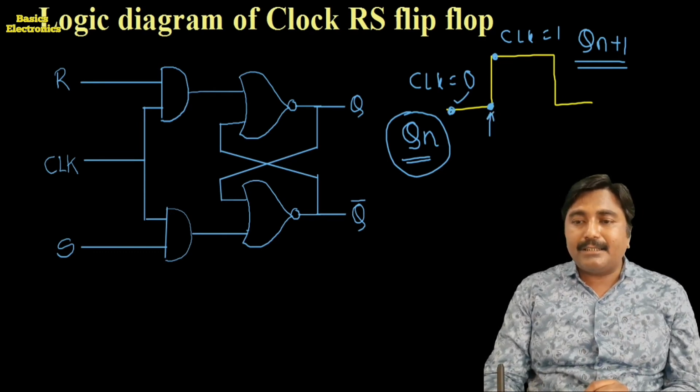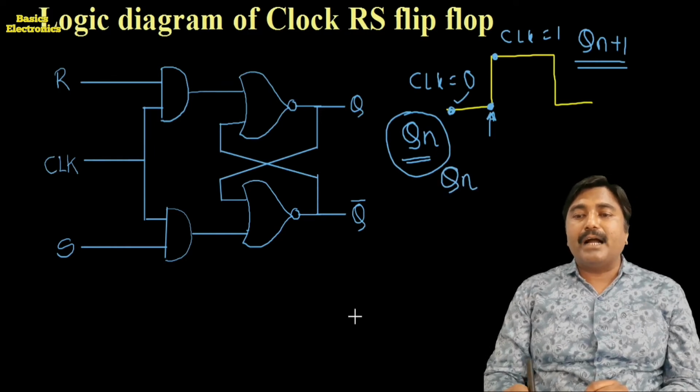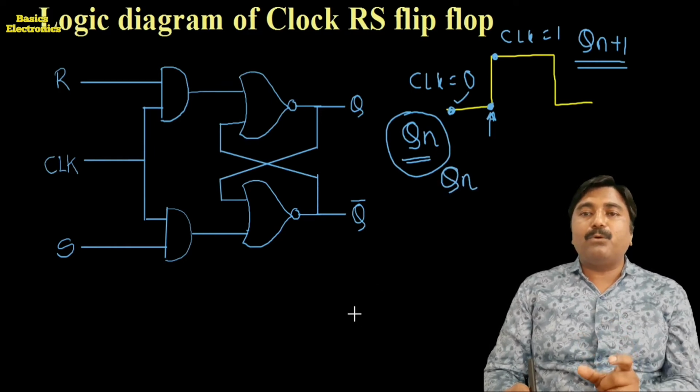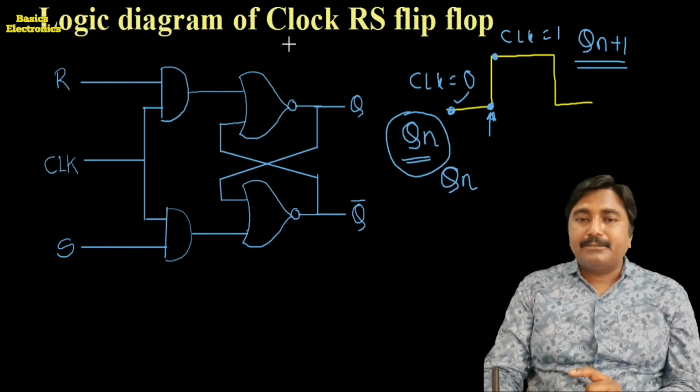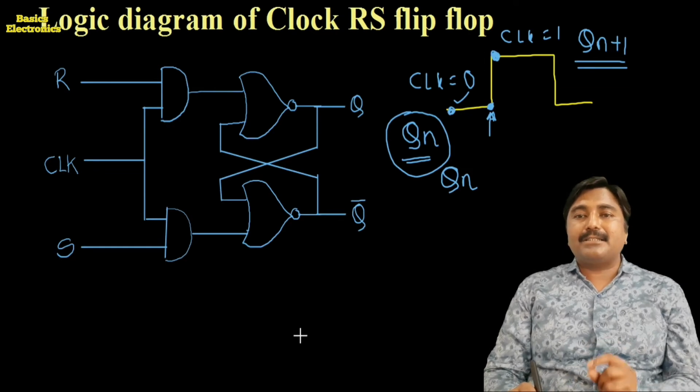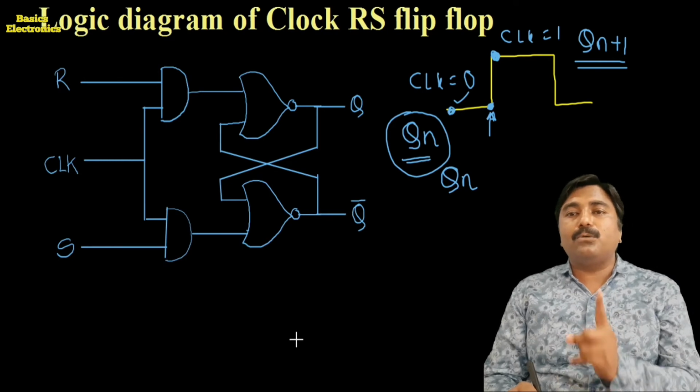So we consider this one time instant, which we call Qn, the output state just before the clock pulse goes high. And this is the time instant just after the clock goes high.